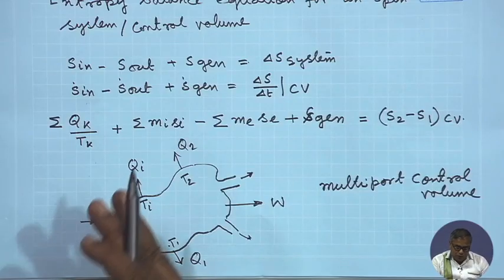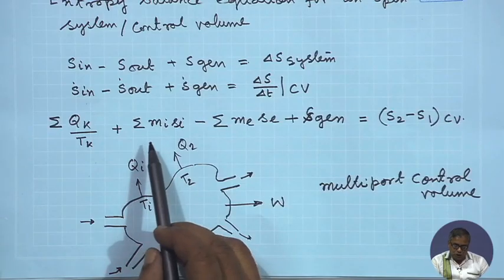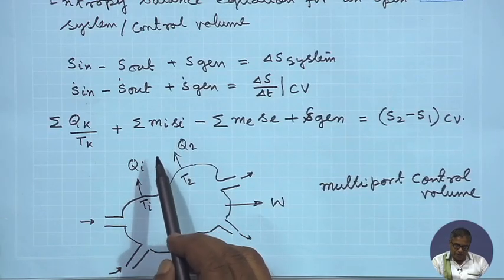Another part of the input: there are a number of input ports. Through the input ports, mass is entering. Entropy is an extensive property, it is associated with mass. So, entropy is also entering.